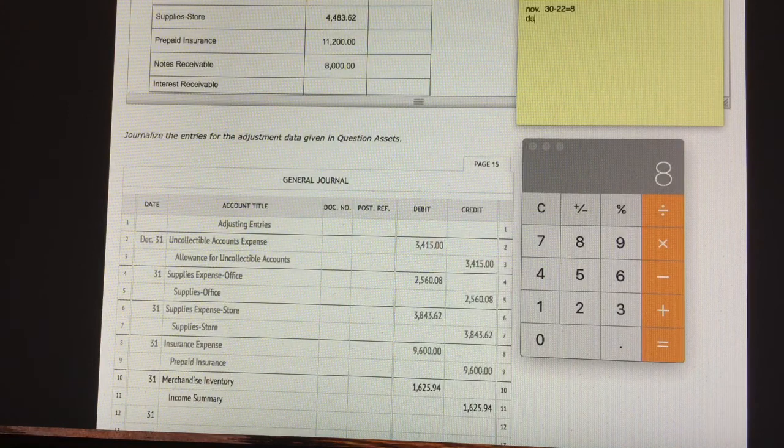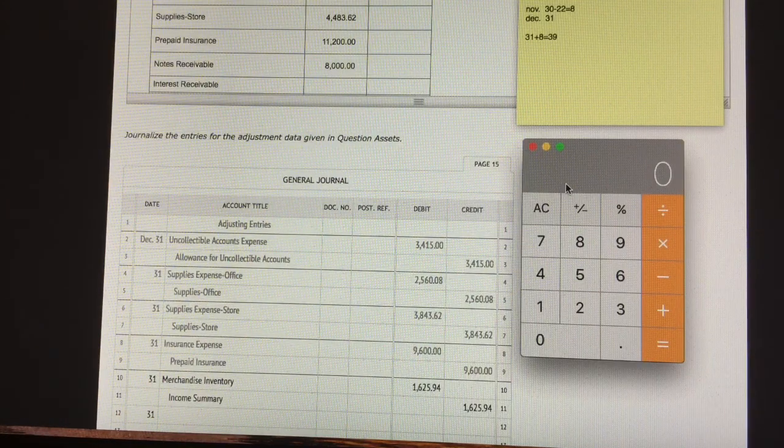Now we're originating this journal entry on December 31st. So that means that we're taking all 31 days out of December. So this note has existed for 31 plus 8 days. So we're actually calculating the interest for 39 days. In order to do that, we're going to go to the calculator.